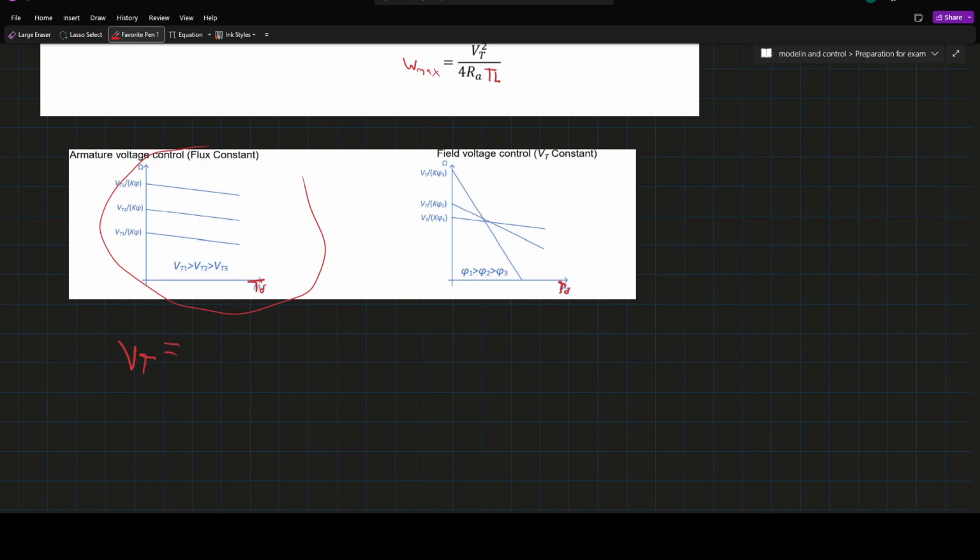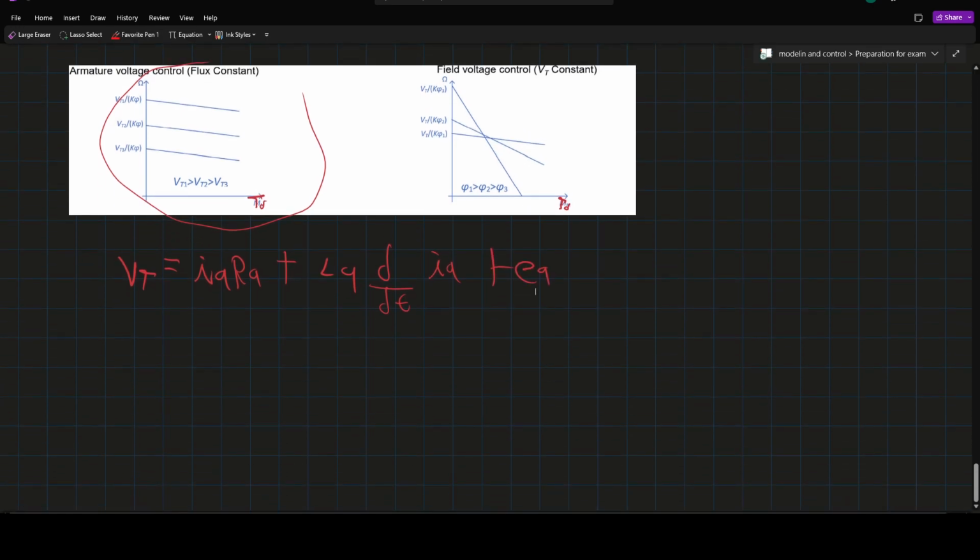Okay, so we saw before that in our varying time, VT is gonna be IA RA plus LA dIA/dt plus EA, and we saw that EA was equal to Ka phi omega.